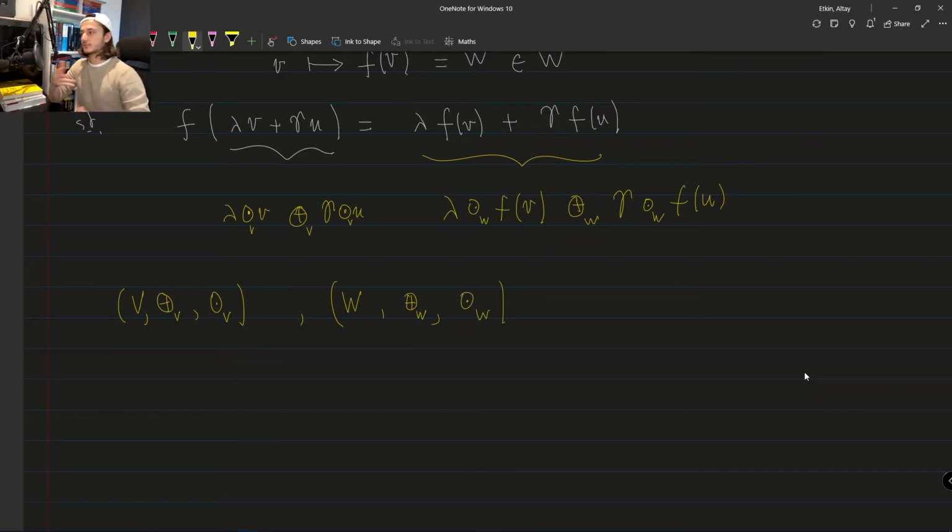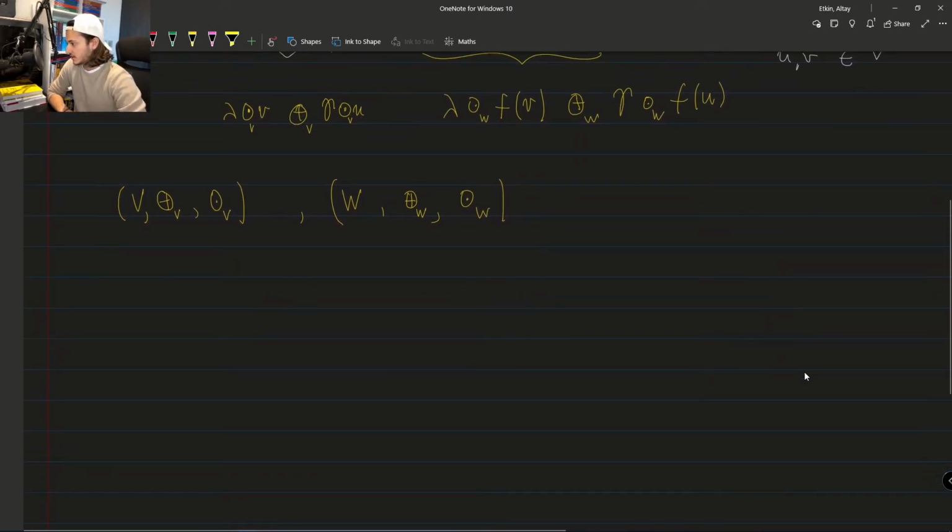But for simplicity of notation, we assume these additions live in different spaces, which is why we have this kind of simplification. Here lambda and gamma are just elements of some algebraic field, and U and V are elements of the vector space V, such that this entire thing is an element of W.